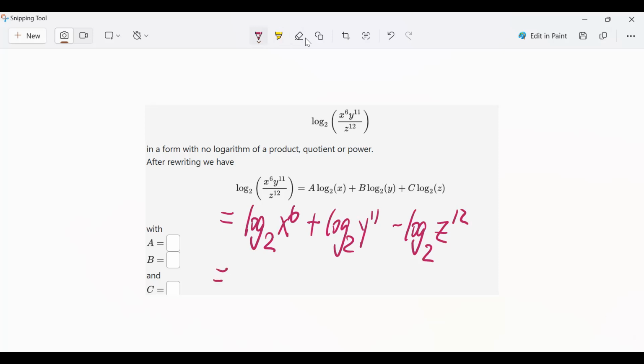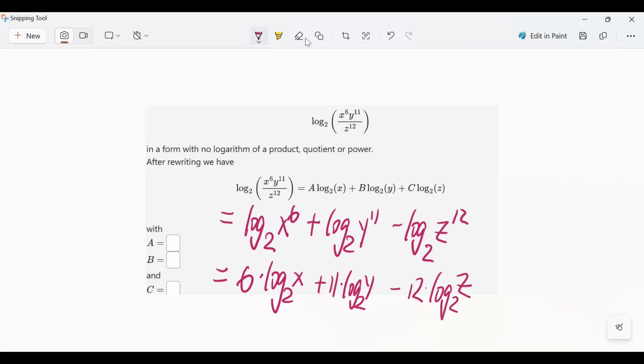And we make the powers go in the front with a coefficient of 2x. So 6 times log 2x, plus 11 times log 2y, minus 12 times log 2z. They only want the coefficients a, b, and c. So 6, 11, and 12. All the powers become coefficients.